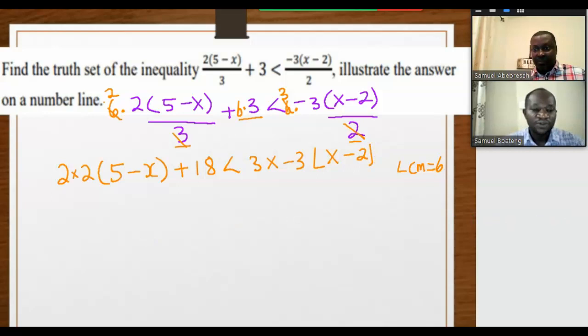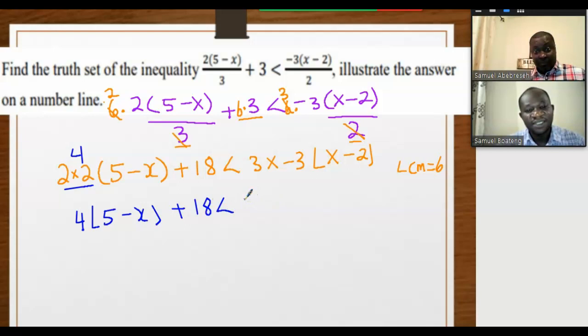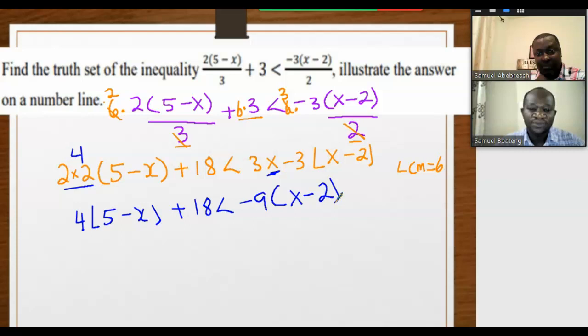Good. So let's expand, which means that we are getting rid of the bracket. So we have 2 times 2, 4, 4 times (5 minus x), plus 18, less than 3 times minus 3 will give you minus 9, times (x minus 2).